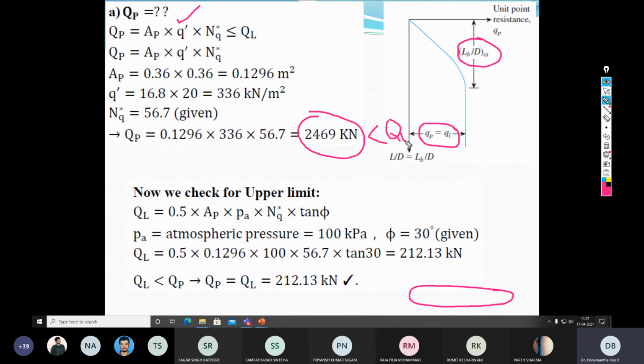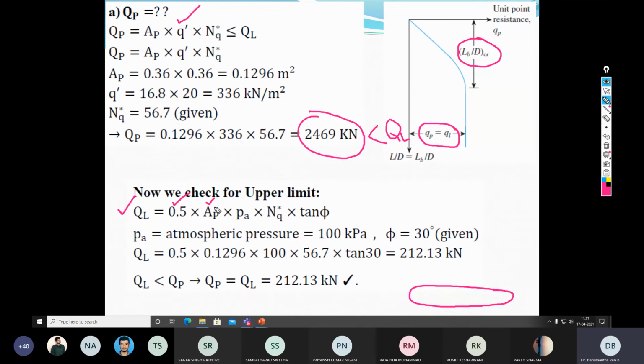capital QL. So that means additionally you need to calculate the QL. The equation for QL is 0.5 into AP into PA into NQ star into tan delta. Now 0.5 is a numerical value.